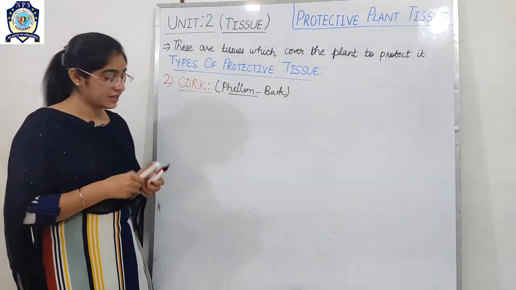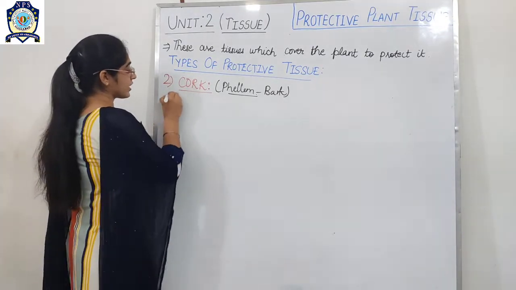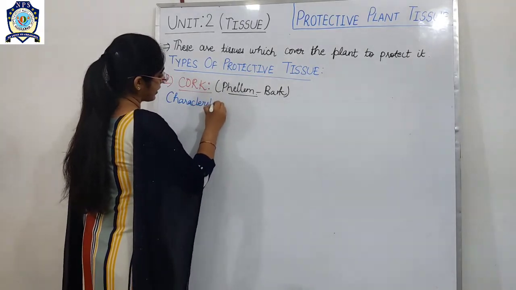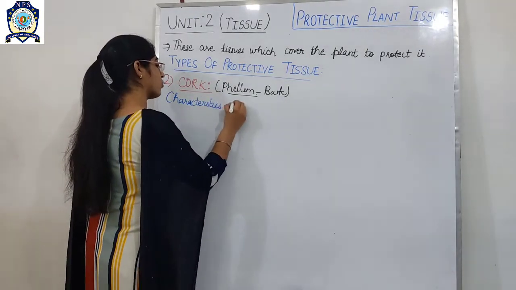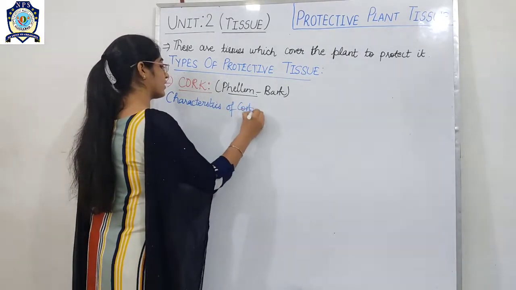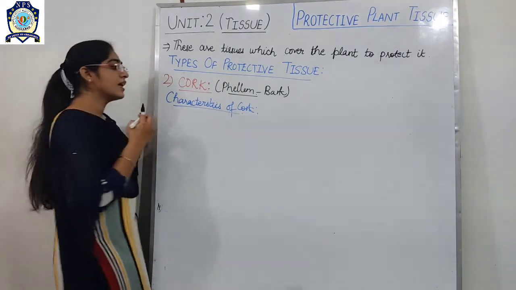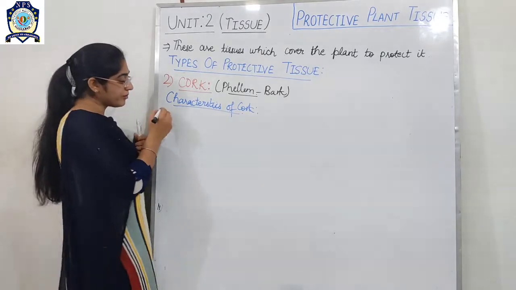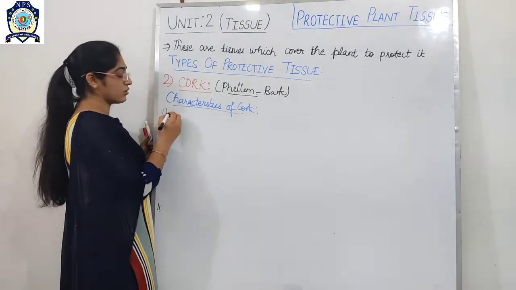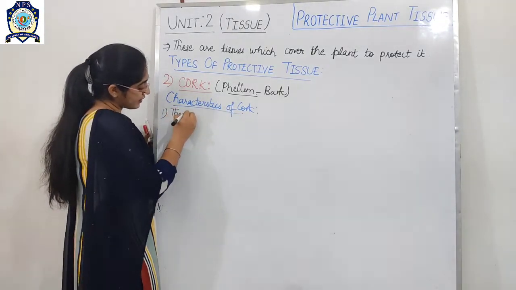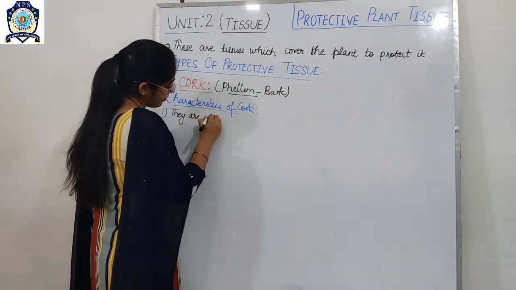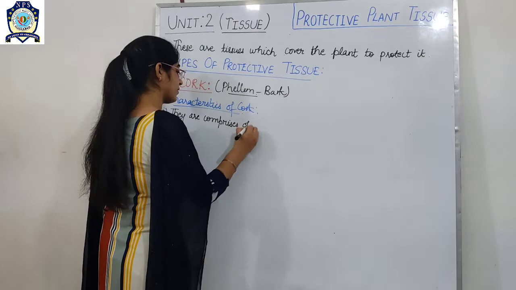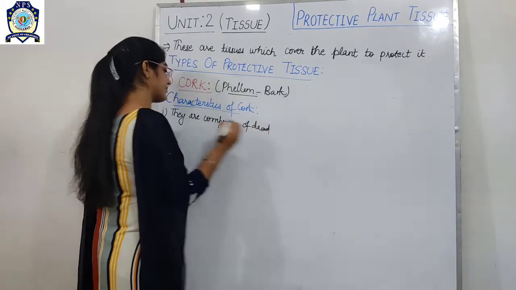Cork is another protective tissue present in the plant. If we talk about the characteristics of cork, the cells of cork comprise dead cells.